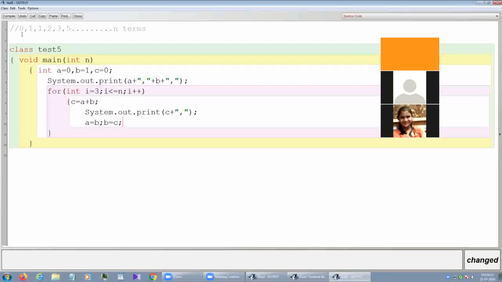What are these 5 terms? If we print only 0 and 1, then what will we print next? I want to know that if the value of n given by the user is 5, then 5 terms will print. So what are these terms?